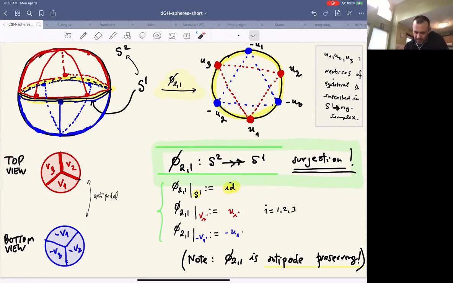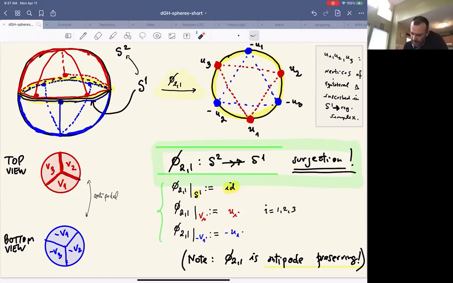And then in the lower hemisphere, consider the antipodes of each of these regions. And then we're going to map everything that lives here, say, that will be V1, to that point on S1. That will be the point U1.